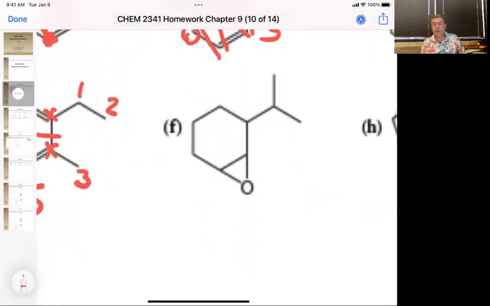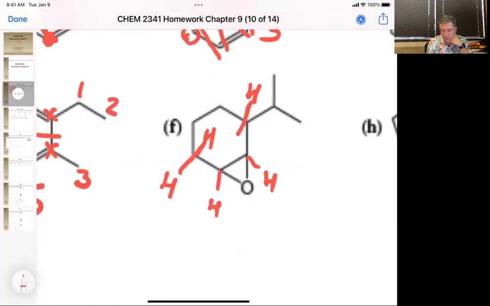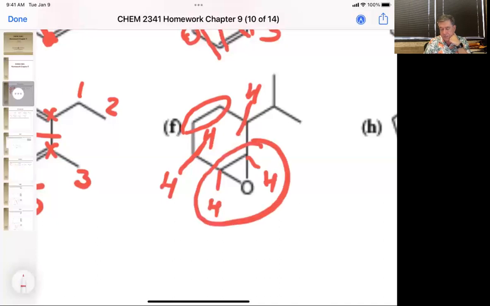Okay, now we have a problem here, because now we have hydrogens up. We have one hydrogen here. We have this hydrogen and this hydrogen, and then we have these two hydrogens. These two probably are the same signal because they have almost the same environment going either way. So these two are going to give one signal because they're the same.